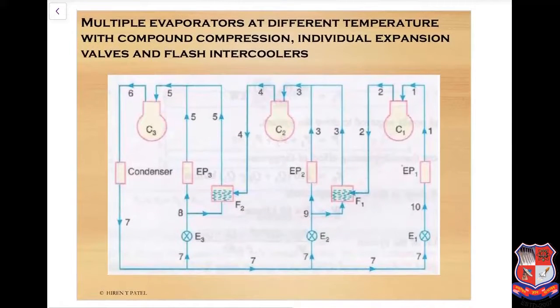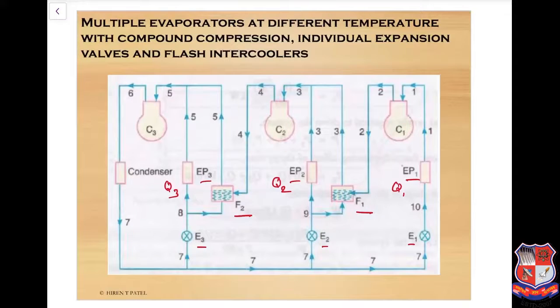The next system is multiple evaporators at different temperatures with compound compressor and individual expansion valves, but in addition there are flash intercoolers. Here there are two flash intercoolers, F1 and F2. We have 3 evaporators with loads Q1, Q2 and Q3, having 3 different expansion valves.